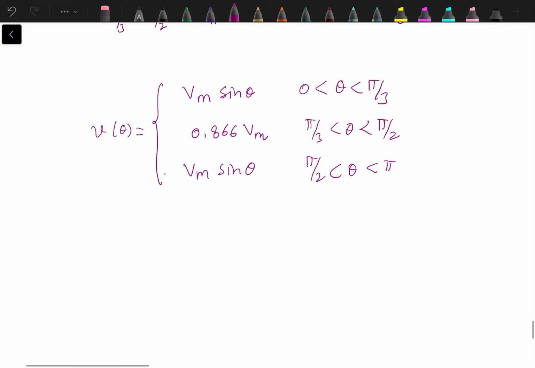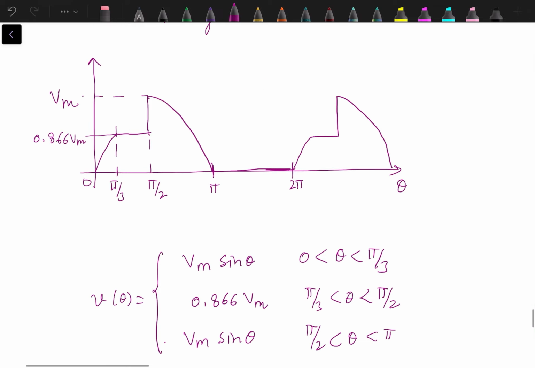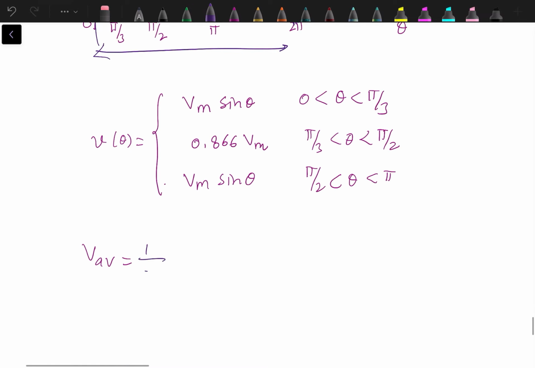So V average, as this is an unsymmetrical waveform, we have to calculate over the complete cycle. So T2 is 2 pi and T1 is 0. So 1 upon 2 pi, integration from 0 to 2 pi V theta into d theta.